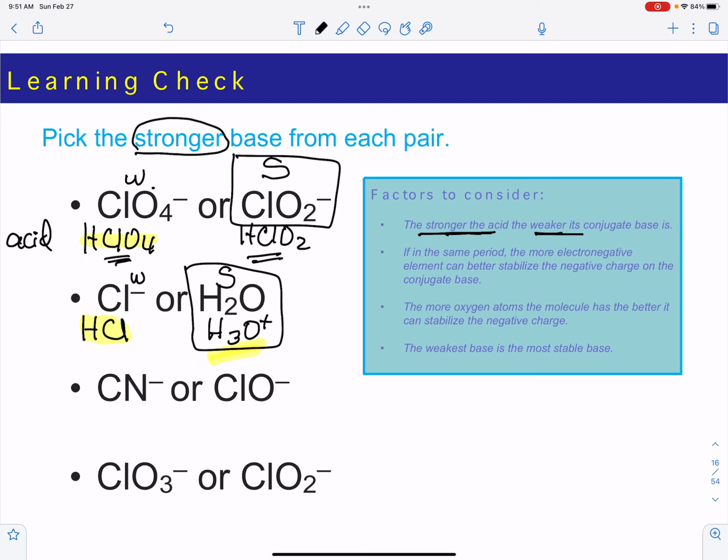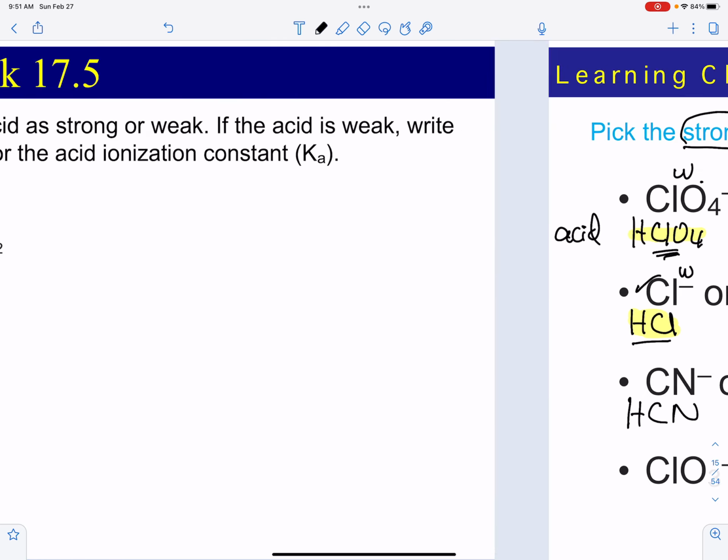So far we have just used the first factor: the stronger the acid, the weaker its conjugate base, or the stronger the base, the weaker the conjugate acid. We are finding the stronger acid, which tells us which one is the weaker base, therefore the stronger base is over here. What about the next one? The conjugate acid is going to be that. The conjugate base is going to be that. Is any of these two one of the strong acids, one of the 7 we saw?